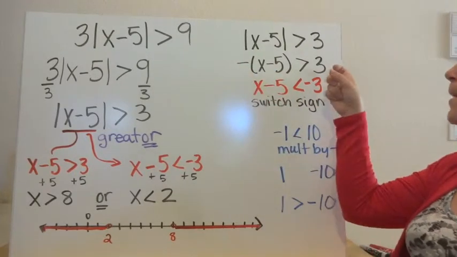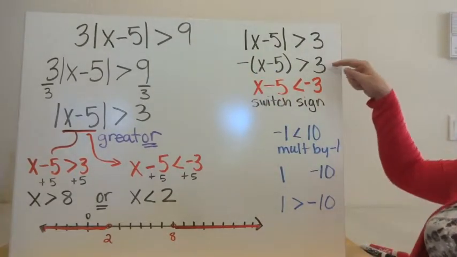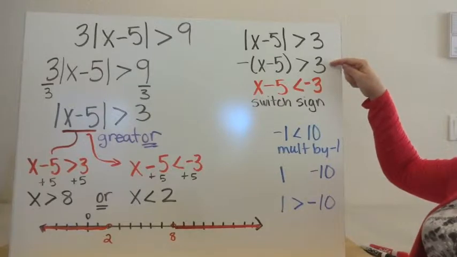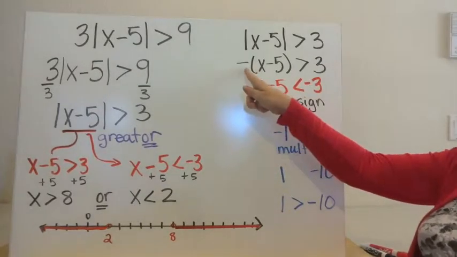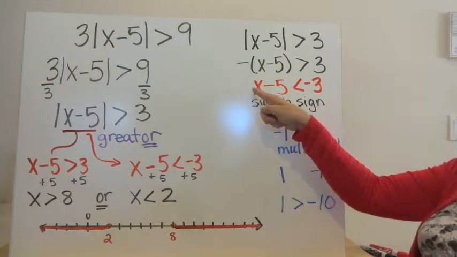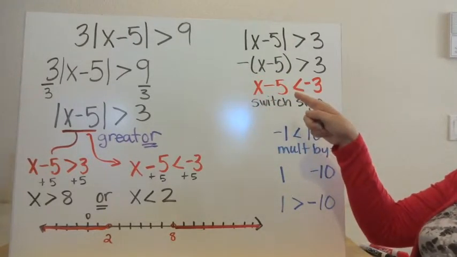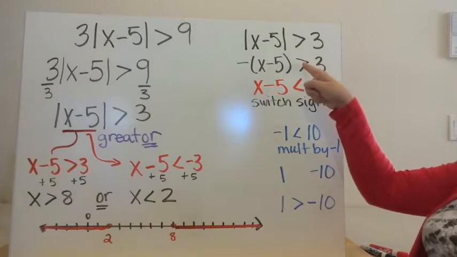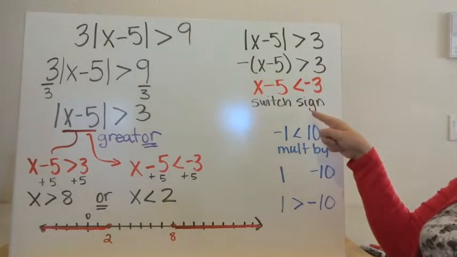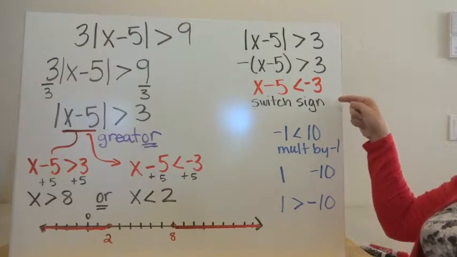Then I can multiply both sides by a -1. Now when I do that, if you remember from inequalities, I have to switch that sign. So if I multiply this by a -1, I just have 1 times it, so I just have an x minus 5. I multiply this by a -1, and I have a -3. And notice I've switched the sign. It's not the same as an equation.